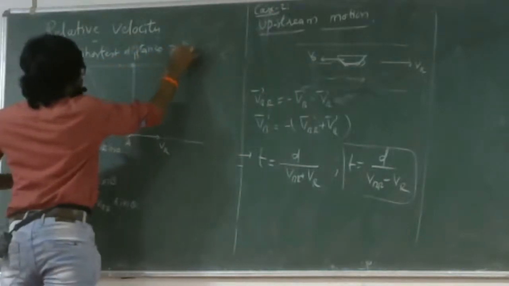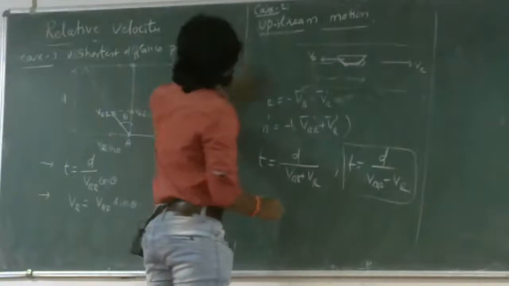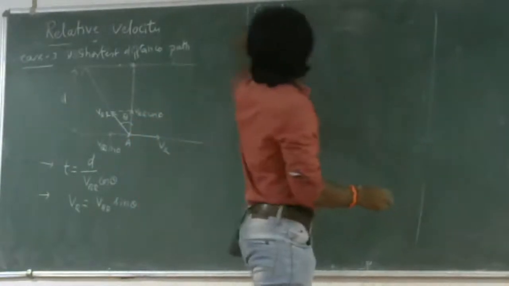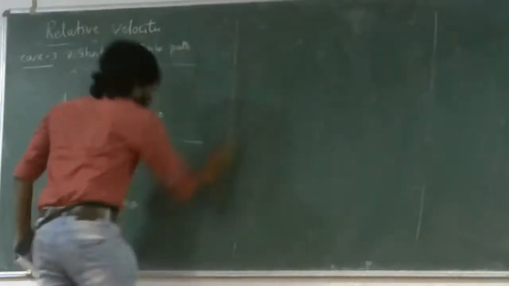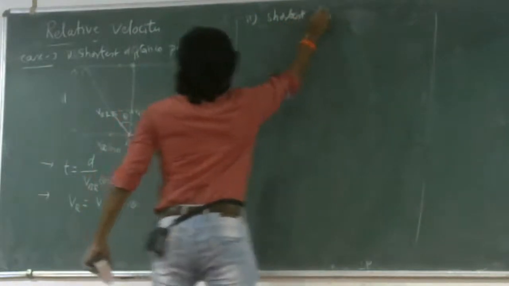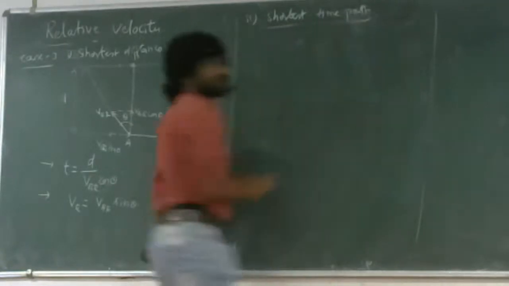The second point, under case 3, is crossing the river in the shortest time path. So note down the second point here: shortest time path.